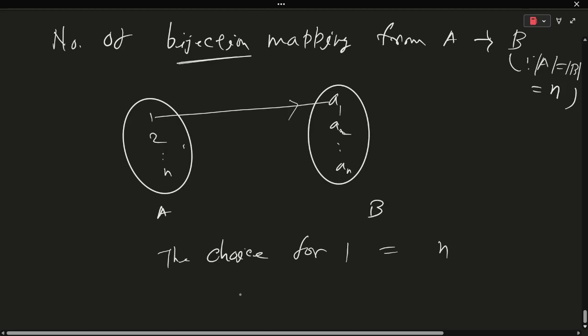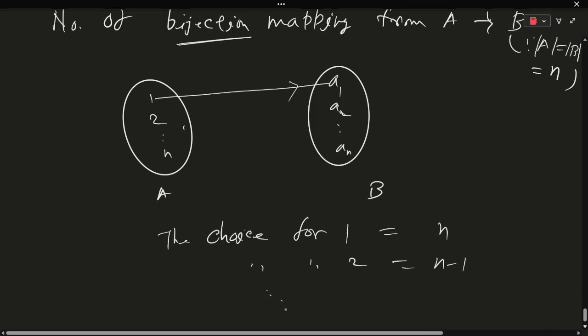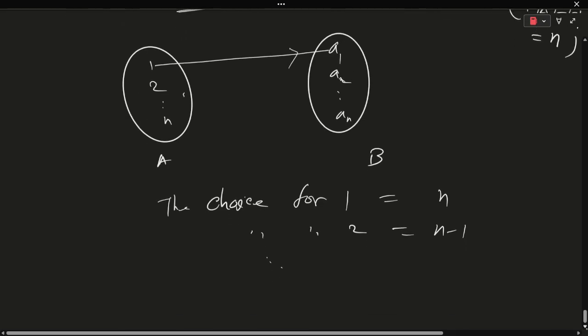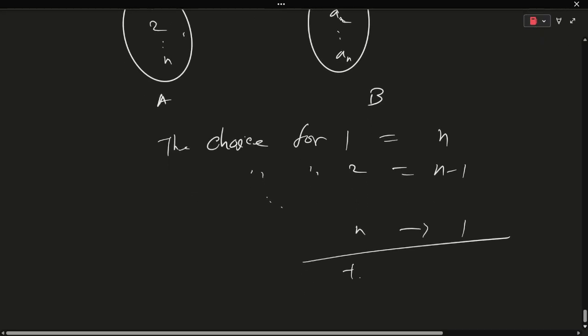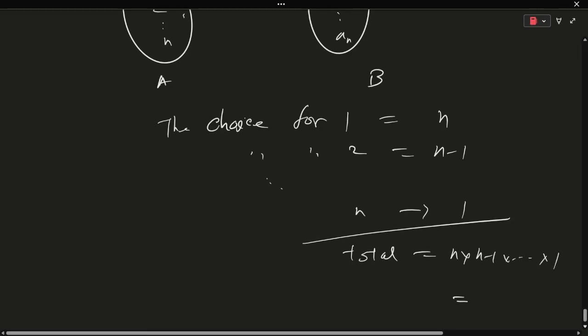Then the choice for A2 is n minus 1, and so on down to 1. The total number of choices is n times (n minus 1) times and so on down to 1, that is n factorial.